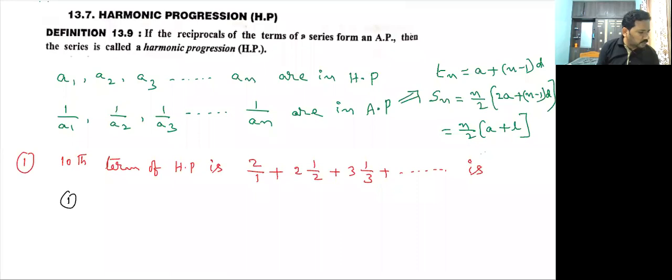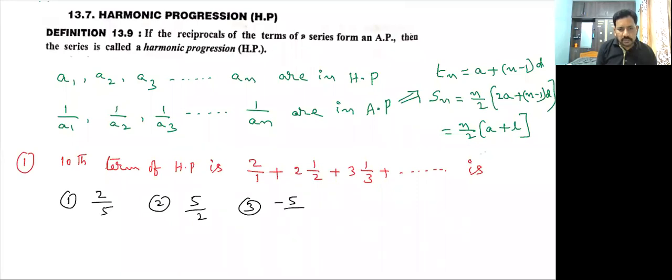The options given are: 2 by 5, first option. Second option 5 by 2. Third option minus 5 by 2. Fourth option, minus 2 by 5. So the 10th term of an HP is given.